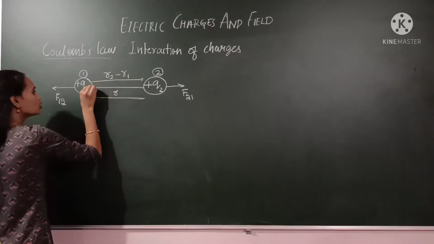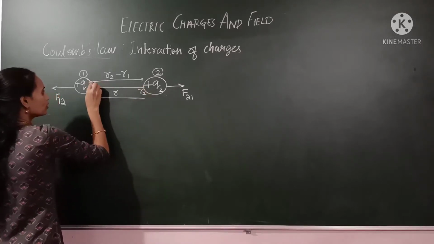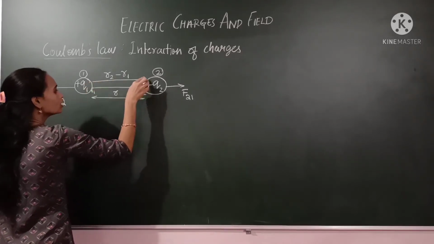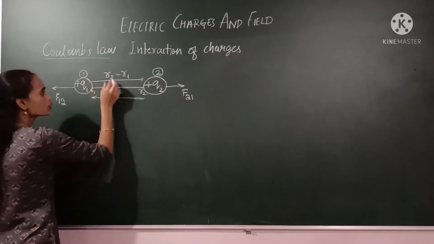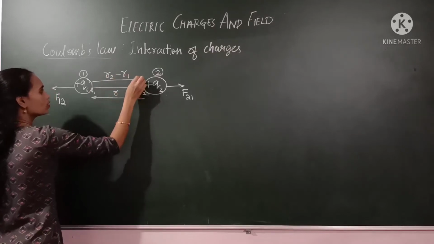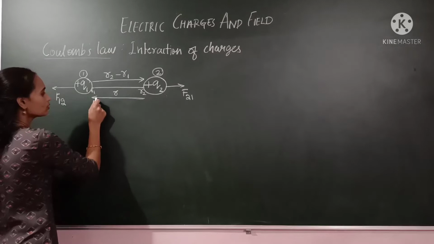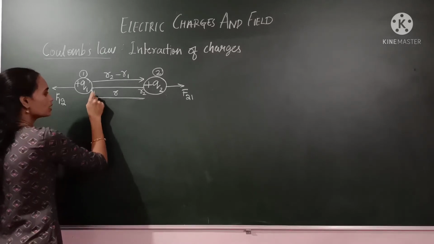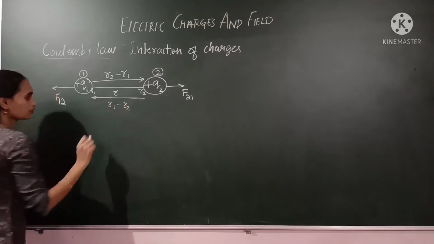Suppose you consider this point as r1 and this point as r2. When traveling from the first charge to the second charge, we take final minus initial, so r2 minus r1 for this vector. For the other vector we again take final minus initial, that is r1 minus r2.